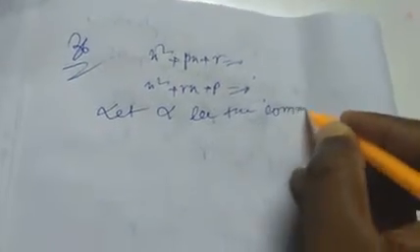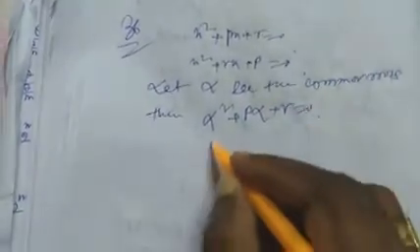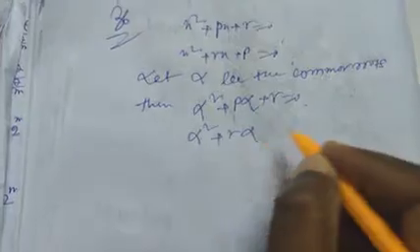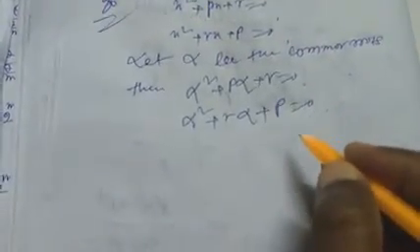Let alpha be the common root, then alpha square plus p alpha plus r equal to 0 and this alpha square plus r alpha plus p is equal to 0.